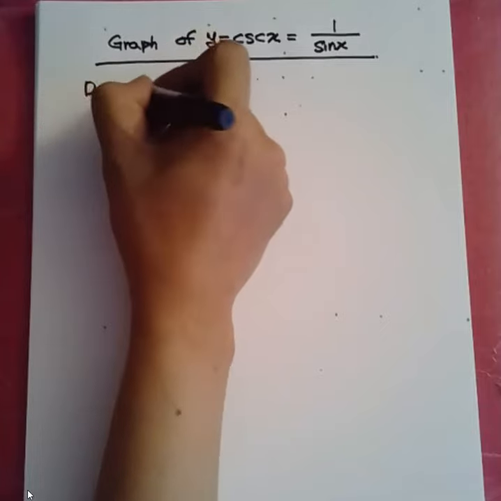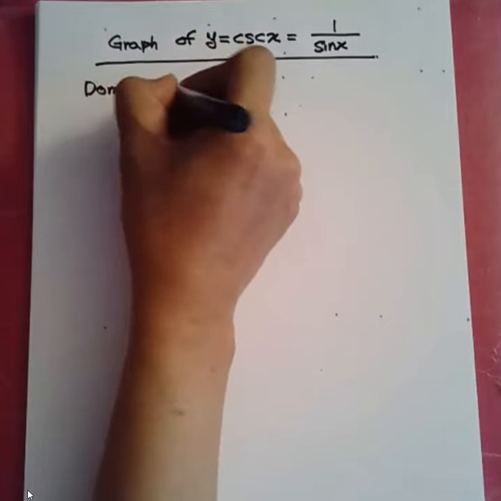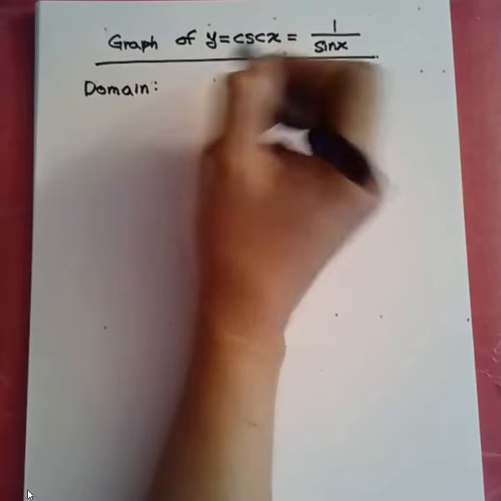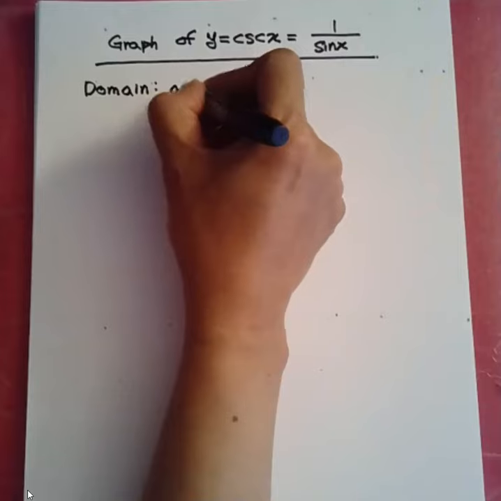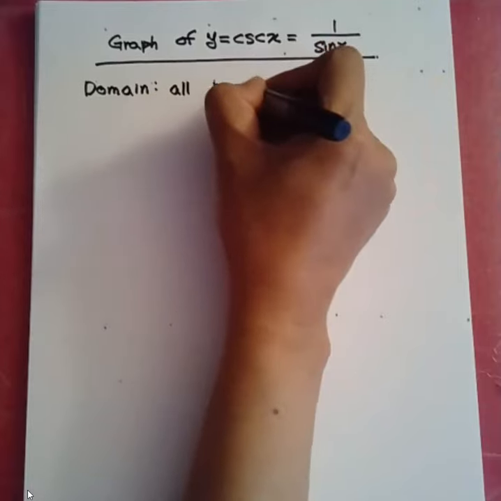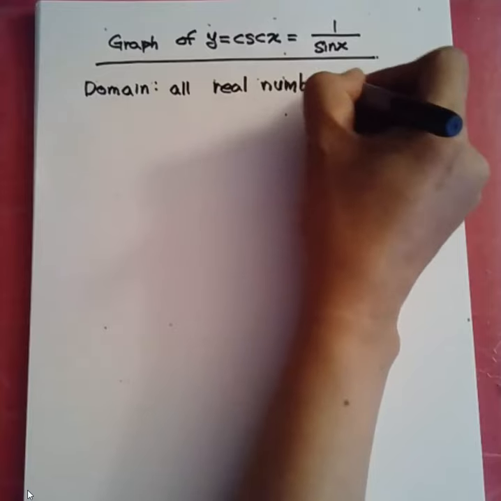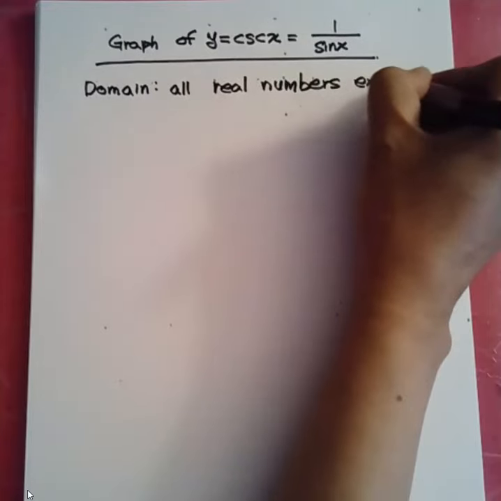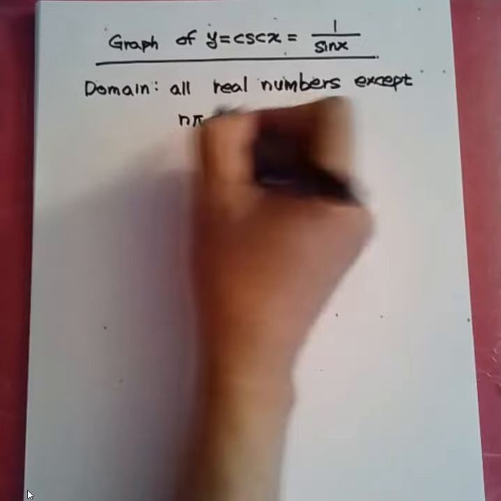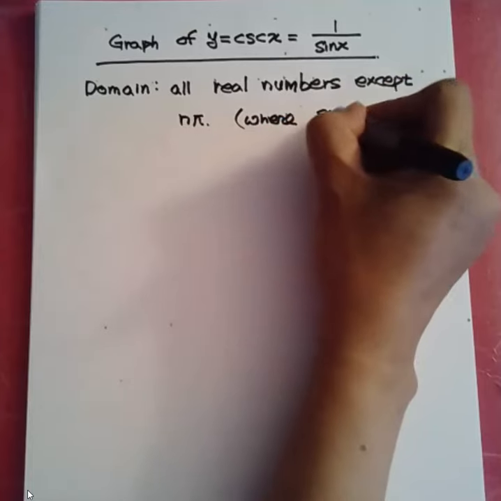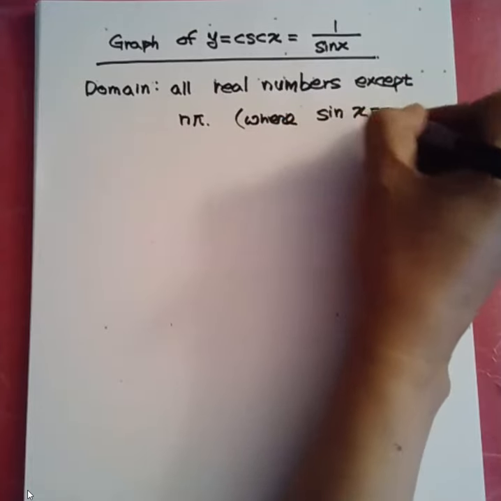Domain is the points which don't make the denominator 0. So all real numbers except n times pi, where sine of x equals 0.